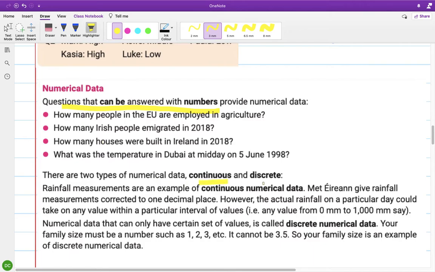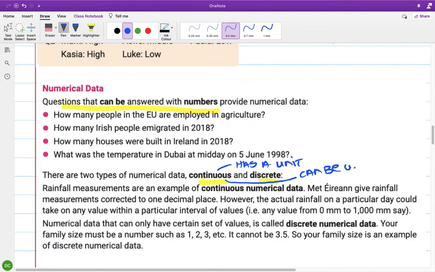Again, it can be split into 2. The first one is continuous. Now, the way I like to describe continuous data is that, generally speaking, it has a unit, and also it can be written as a decimal.